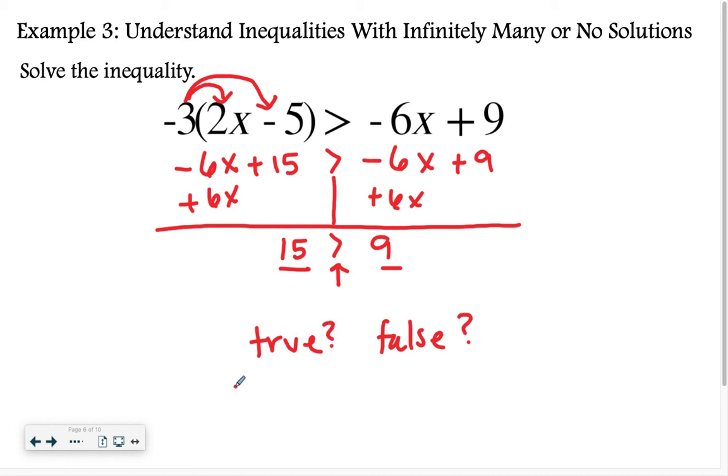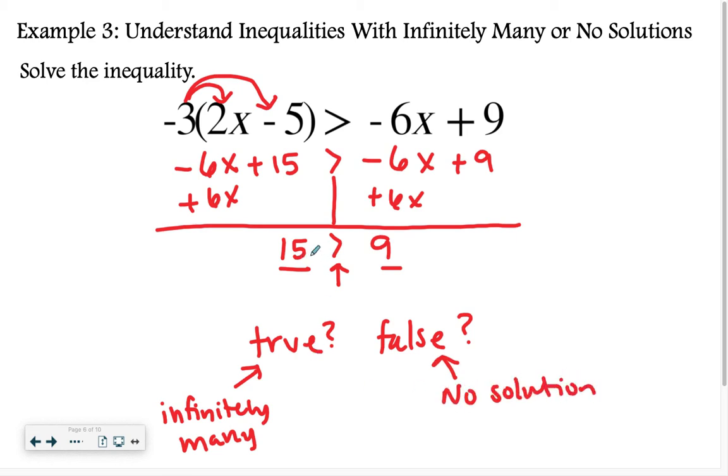Because if it's true, that is infinitely many solutions. And if it's false, then it is no solution. So 15 is greater than 9, so I know that my answer is infinitely many solutions.